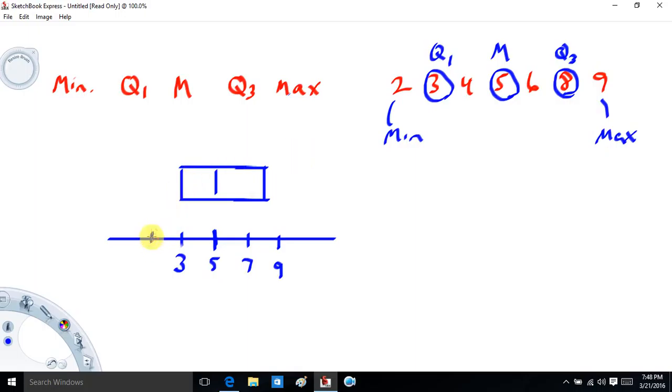So this is 1, this would go here up to 2, right? It extends to 2, and then this extends to the maximum, which is just 9. So that's your box plot. This is your minimum, maximum, third quartile, median, first quartile.